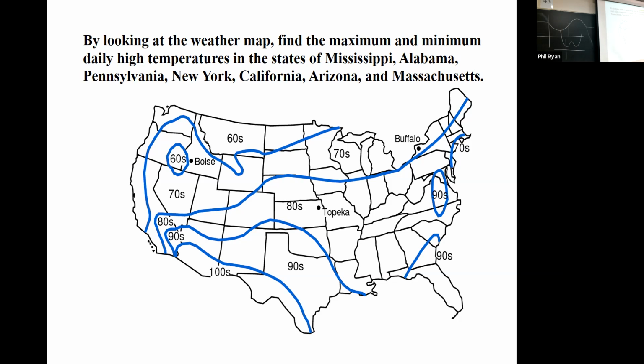Pennsylvania, what do we got? Pennsylvania is here. It's right by the 90 contour line. So there's a 90 there, and it's a 70 there. Okay, that's a bit weird. Between 70 and 90, so Pennsylvania has a lot. New York is here.